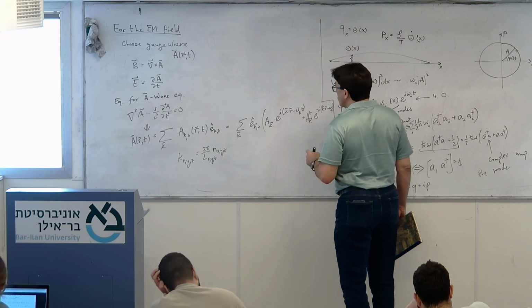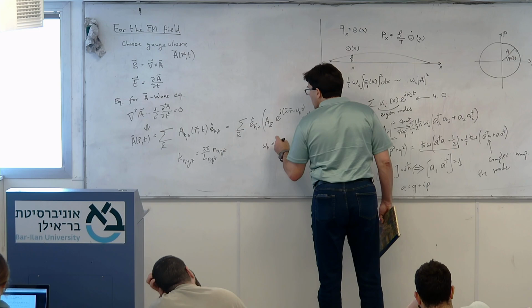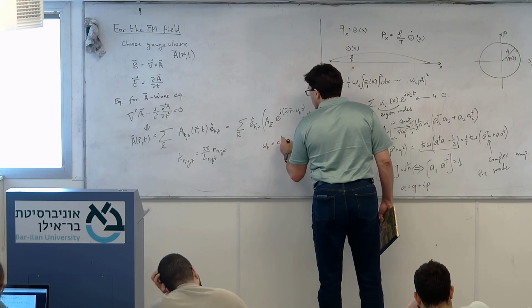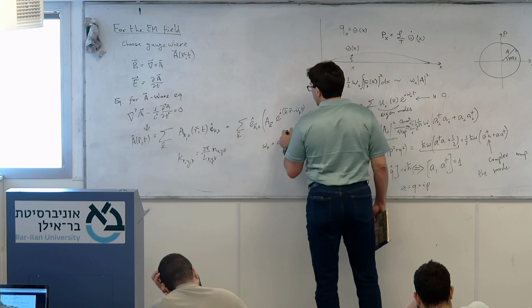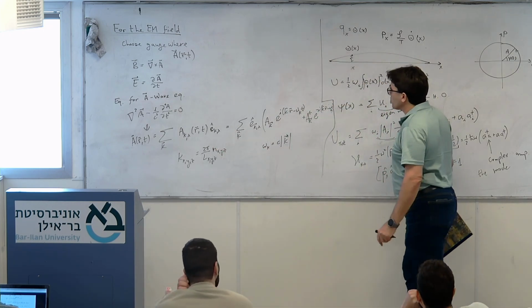And we know that this omega K is simply c, the speed of light, times the absolute value of K.